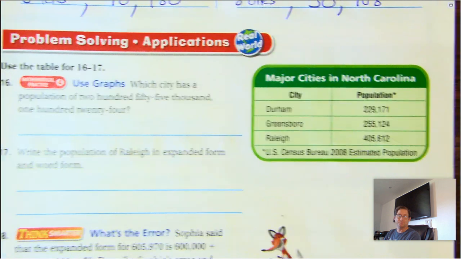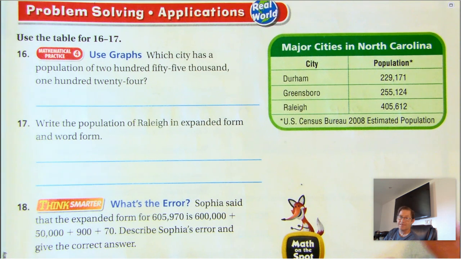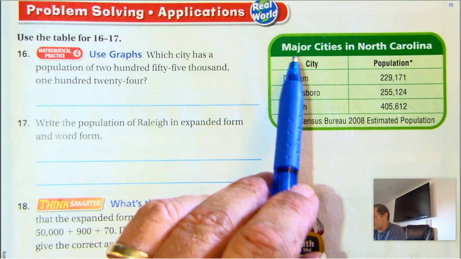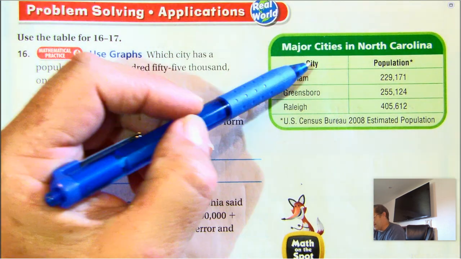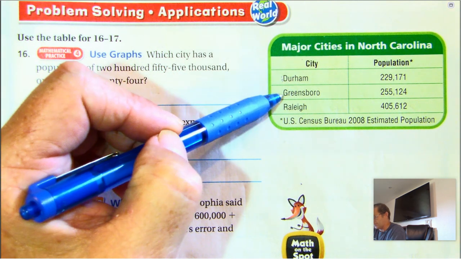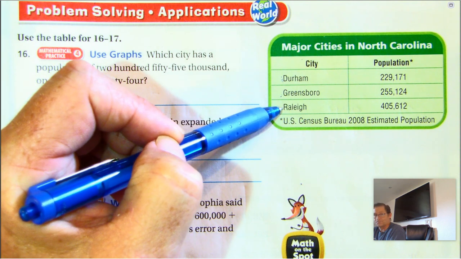Okay. For number 16 and 17, it says use the table. And remember, I want you to always look at the title of the table to make sure that you understand what's being shown in the table. And our title is Major Cities in North Carolina. And then I see under the city column that there's 3 cities, Durham, Greensboro, and Raleigh.